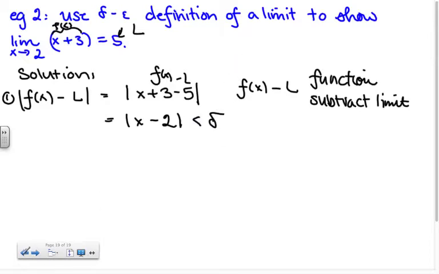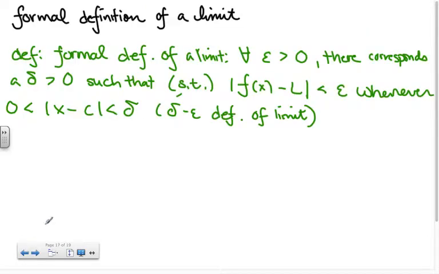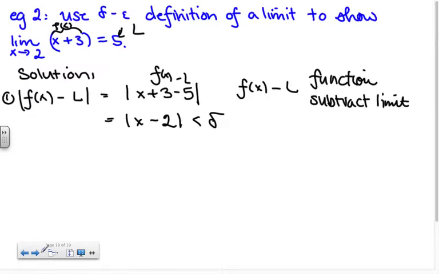Recall that from my definition of limit here. So you see here, we have x minus c is less than delta. How did I know to make that less than delta instead of epsilon? The reason I knew to make it delta instead of epsilon is because it comes out to exactly x minus 2. You see that? In this situation, this is x minus c.